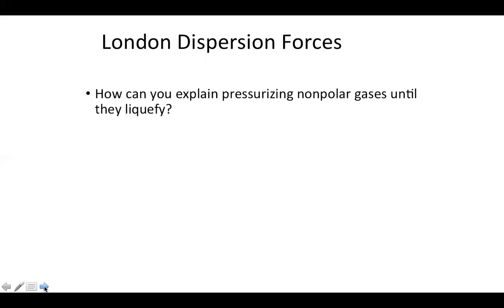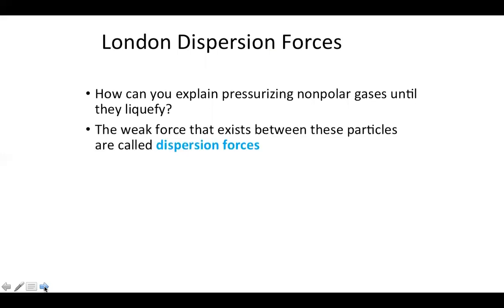All right, so that was the first two types, which were ion dipole and dipole-dipole. The next type we're going to look at is London dispersion forces. So ion dipole and dipole-dipole involve polar molecules. However, if only polar molecules had intermolecular forces, then we wouldn't be able to explain why nonpolar gases would be able to liquefy, right?